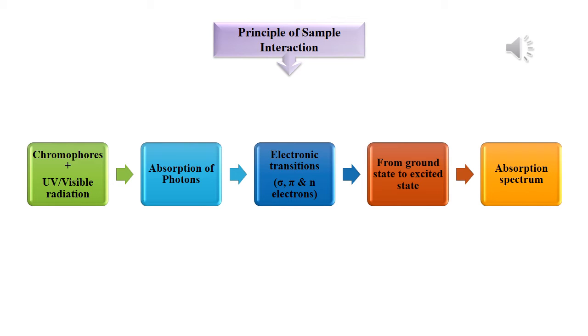Then electronic transitions take place, that is sigma electrons, pi electrons and non-bonding electrons move from ground state to excited state, and the instrument will analyze how much radiation is absorbed by these electrons to move from ground state to excited state, thereby you will get an absorption spectrum. So the absorption spectrum will tell how much radiation is absorbed maximum by the chromophore.